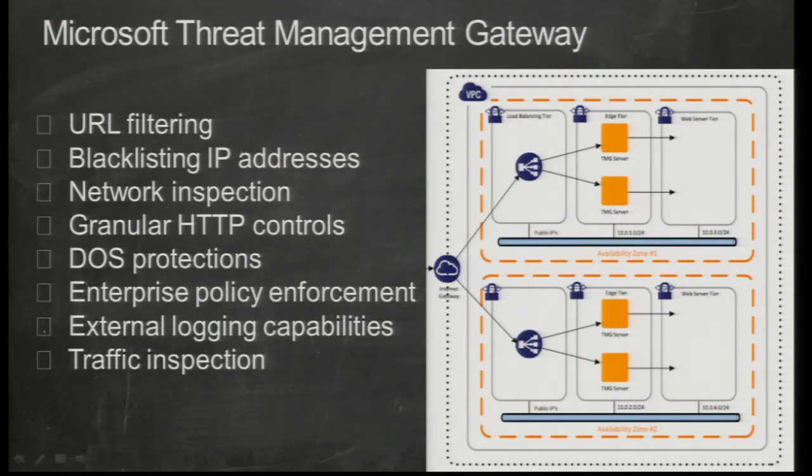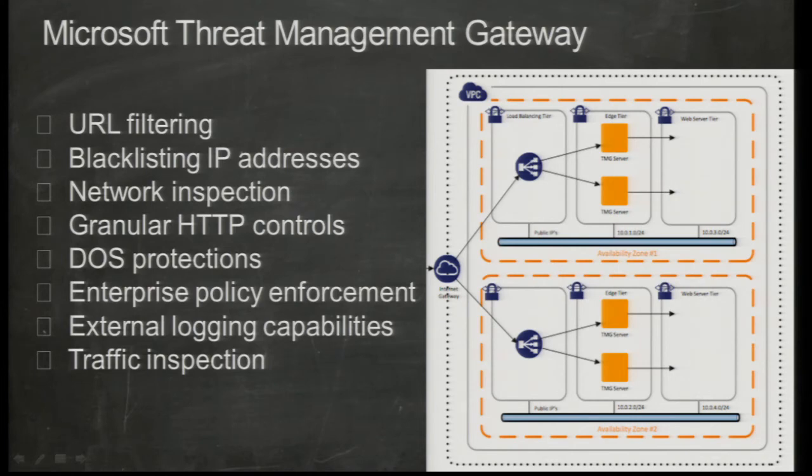So another really important part of some of our biggest application designs, not only the SharePoint automation that I described earlier, but several others, is the use of Microsoft TMG, or Threat Management Gateway. There's been a lot of discussion about the VPC system and how it uses the security group and the network ACL combination to provide network filtration and analysis, but that's not the same as active inspection of inbound traffic.